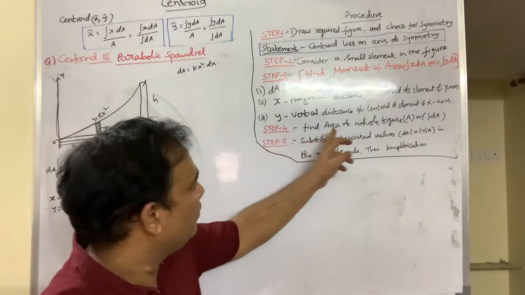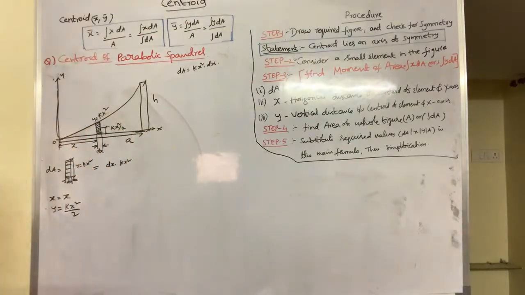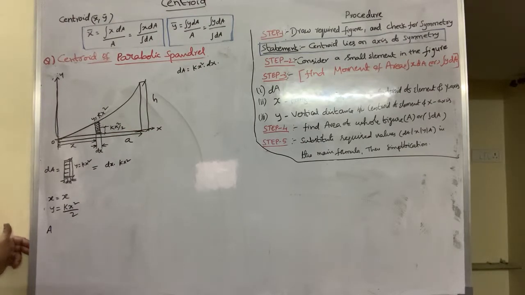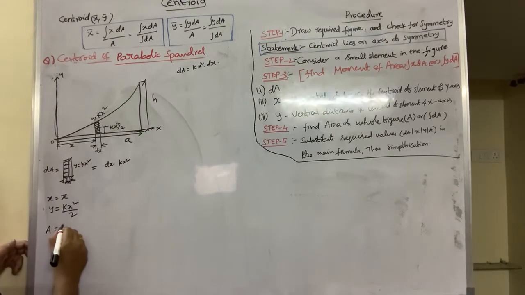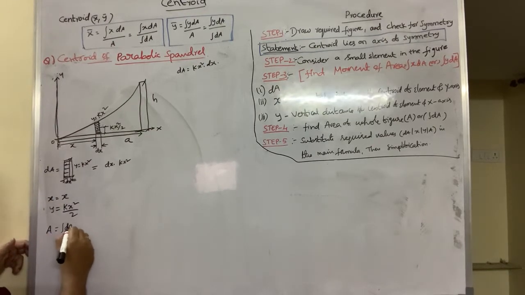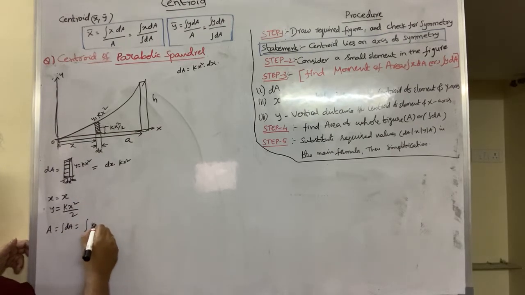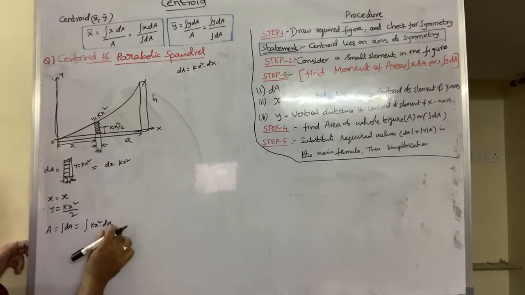Step 4 is to find the area of the whole figure, that is capital A. If I don't know the formula directly for the given figure, I can get the area by integrating the elemental area. So A is equal to the integral of dA, that is the integral of kx² dx.